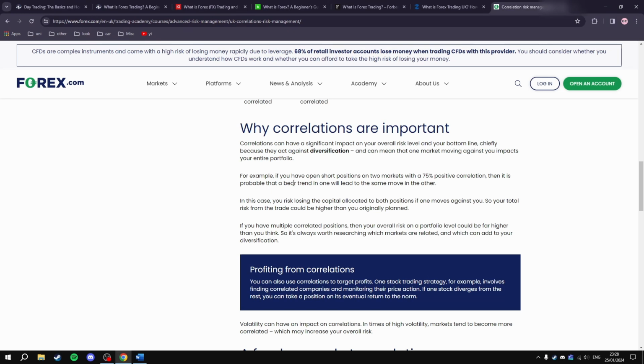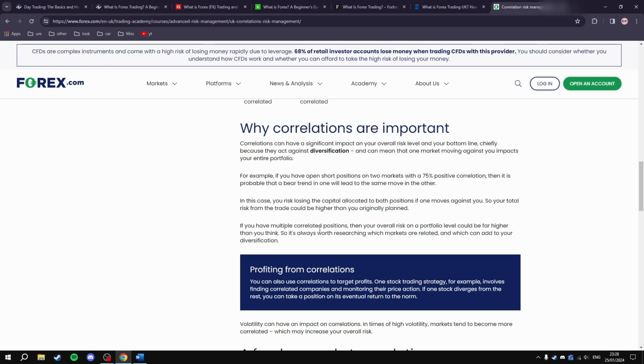For example, if you have an open short position on two markets with a 75% positive correlation, then it is probable that a bear trend in one will lead to the same move in the other. In this case, you risk losing the capital allocated to both positions if one moves against you, so your total risk from the trade could be higher than you originally planned.